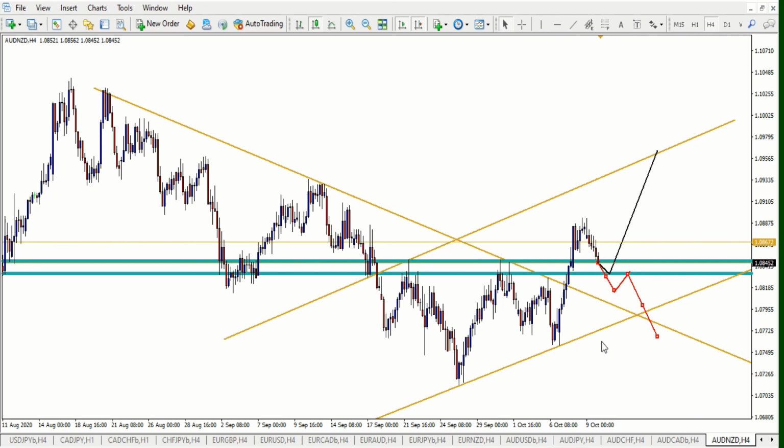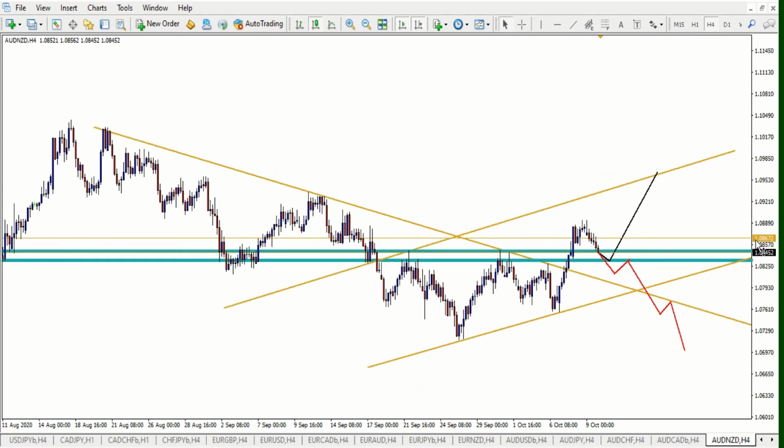Breaks through that upward channel there, comes back inside this downward channel, and then gives us a retest, and then starts tanking down, right? So yeah, that's what I'm looking for there for the Australian dollar and the New Zealand dollar. All right, so those are the pairs that I'm looking at this week, which have the high probability setups, and hopefully they all pan out.